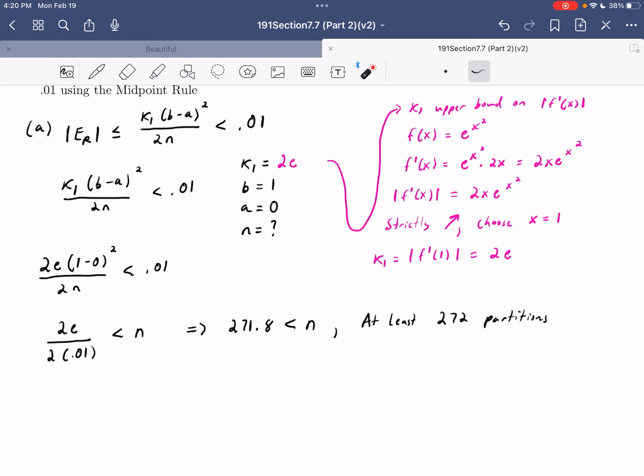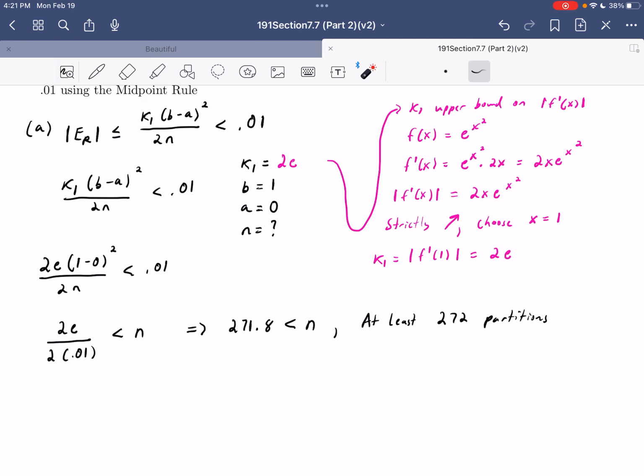Could it be a lot less than 0.01? Absolutely. But it won't be any more than 0.01. That is guaranteed. That's what this is saying. So perfect, right? Now we know how many partitions we would need to do to make sure that we're within 0.01 of the true value. Notice just a quick thing about the rounding in this moment of going from this decimal to this whole number here.